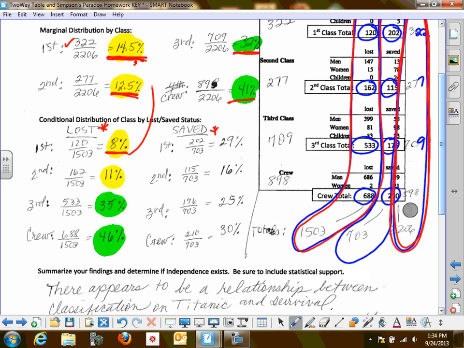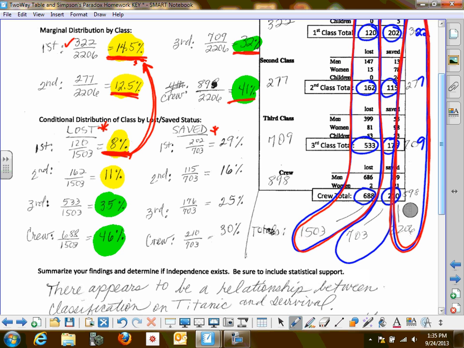I'm going to compare it to this 14.5, and because this number is lower than the first class overall, what am I saying about the first class members that died? They're dying at a lower rate. Good. The first class ticket holders are dying at a lower rate than they are on the ship.